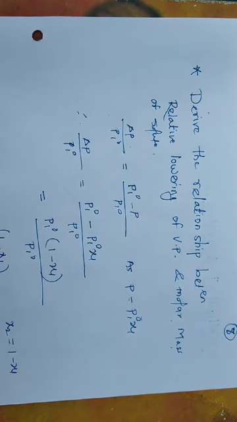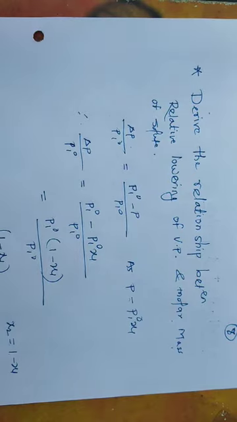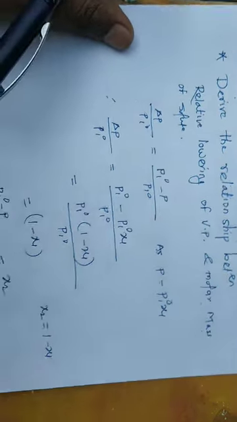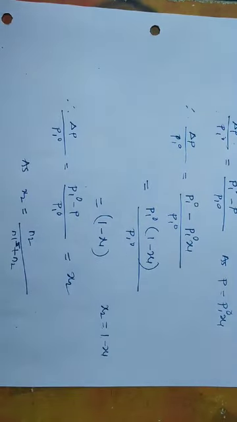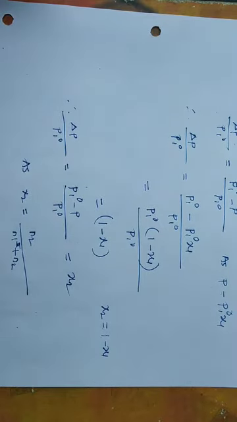Therefore delta P upon P1 naught is equal to P1 naught minus P1 naught into x1. Here x1 is the mole fraction of solvent and P1 naught is the vapor pressure of pure solvent. As we already derived, P1 naught is common, so 1 minus x1 is equal to x2.